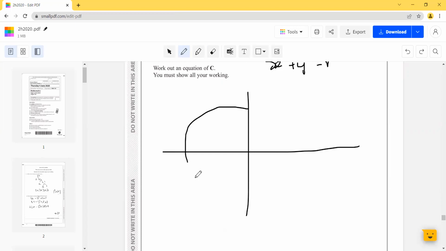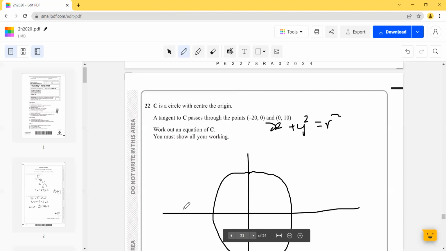Oh, it's so frustrating, but let's take a visual and do it properly. (-20, 0) and (0, 10). Let's just say that this is your circle.